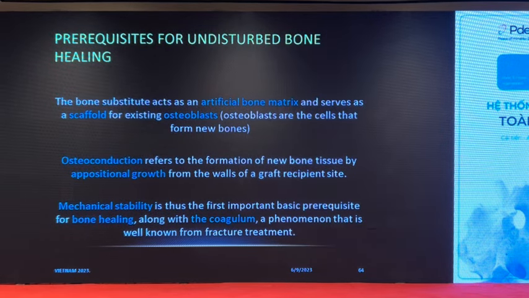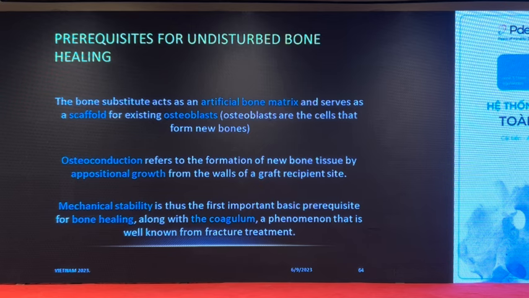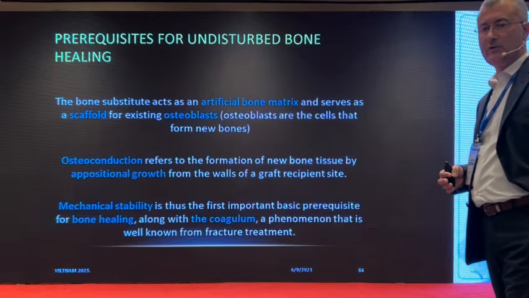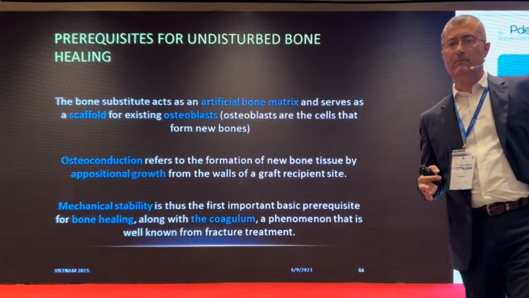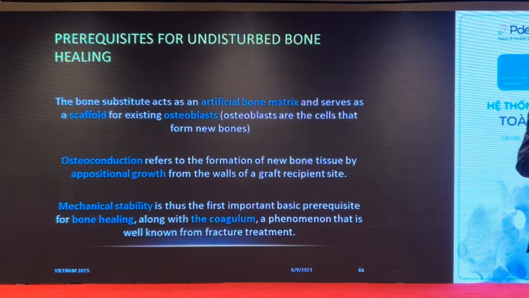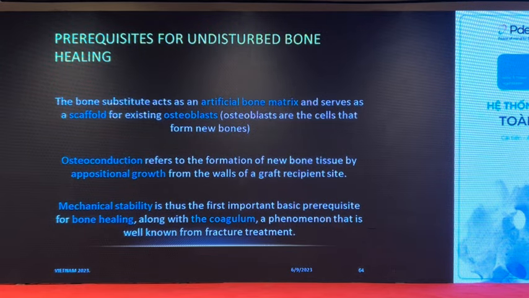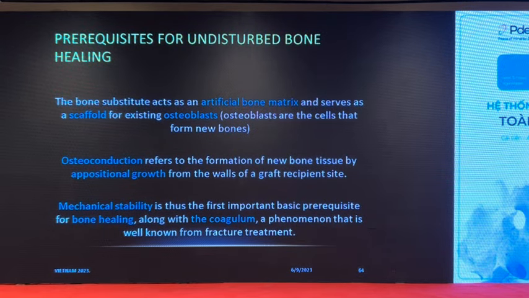What are the prerequisites for undisturbed bone healing? These bone substitutes act as an artificial bone matrix, a scaffold for the existing osteoblasts. You know that osteoblasts are the cells that form new bone. Osteoconduction refers to the formation of new bone tissue, apposition growth from the walls of the graft recipient site.